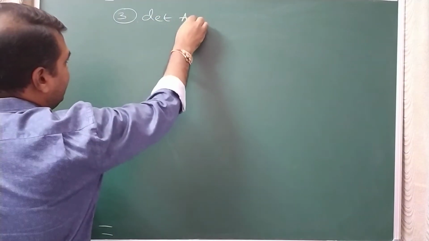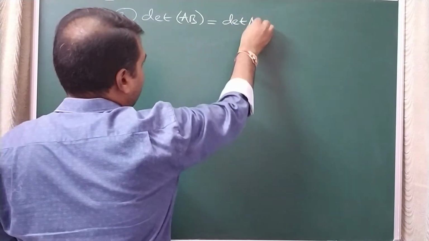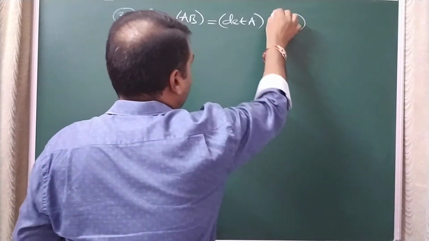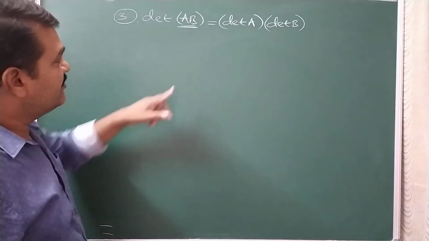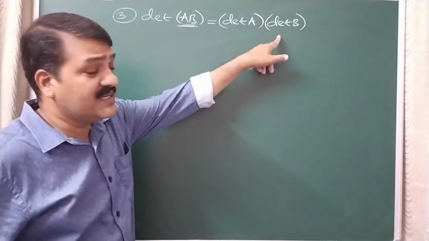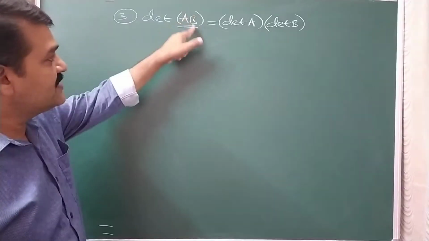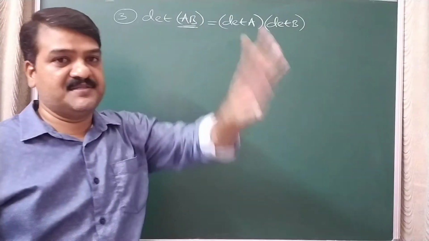Determinant of A into B we can write as det A into det B. So if the determinant of a product of two matrices is there, we can write the determinant individually for both matrices and write the product. So the determinant of a product of two matrices can be written as the product of their individual determinants.